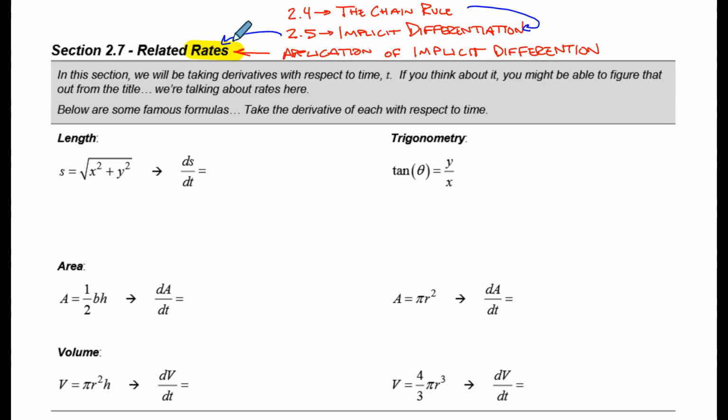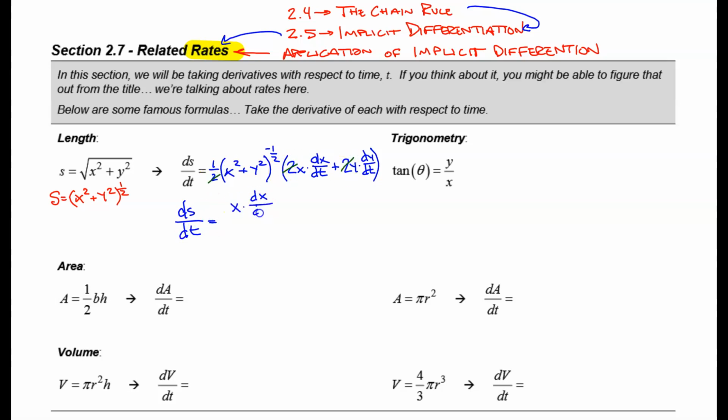Okay, now I'm going to go ahead and rip through these derivatives with respect to time. Okay, so this first one says the rate of change of S with respect to T is equal to this whole expression right here.